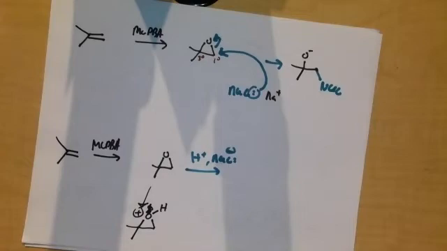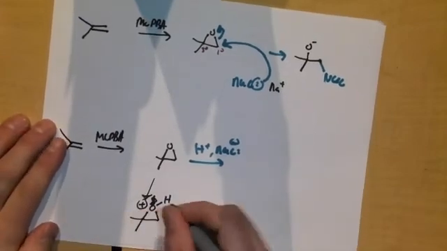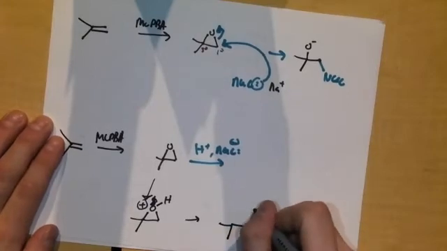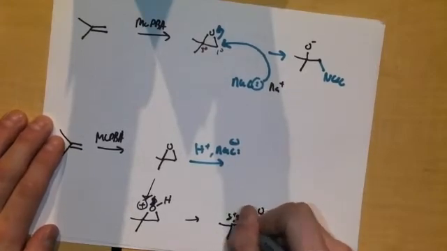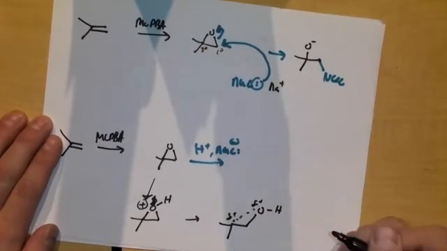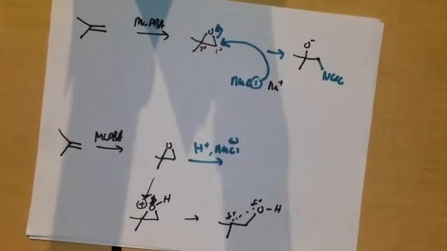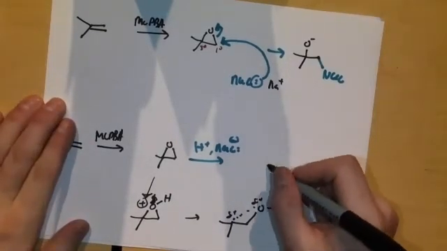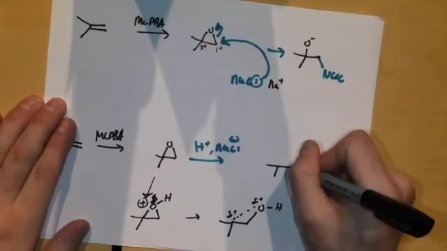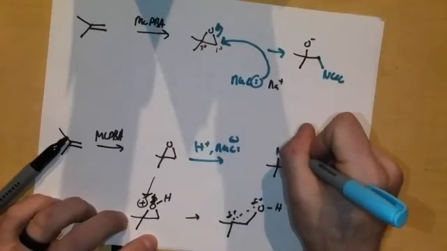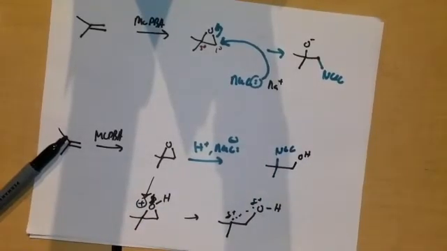And as we talked about previously, because it's next to such a substituted center, this looks more like this here, where we have a pretty strong positive charge on our more substituted center. So when our nucleophile comes in, it's going to want to attack there instead. And we can open up on the other side and give us this alcohol.